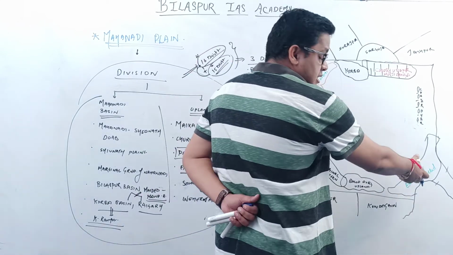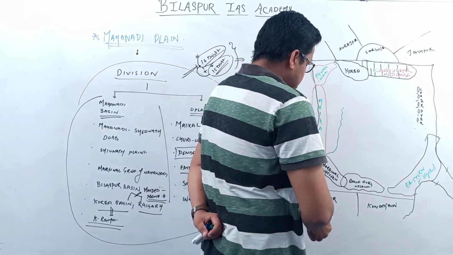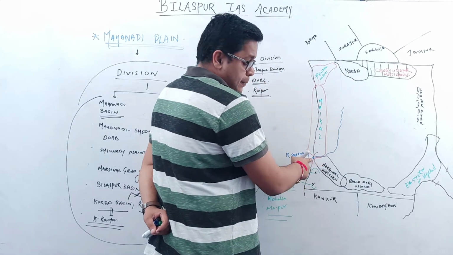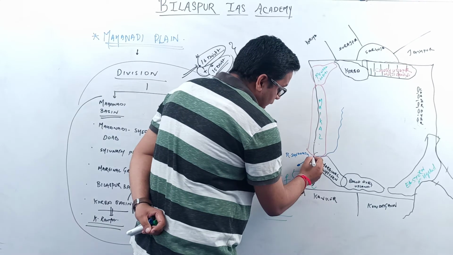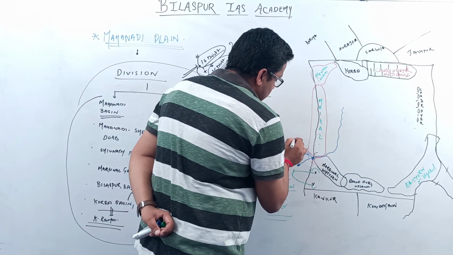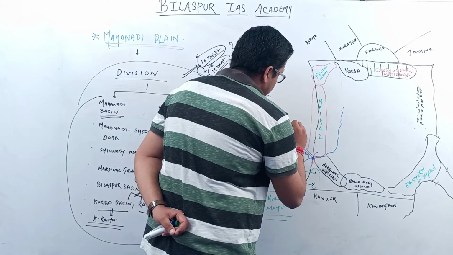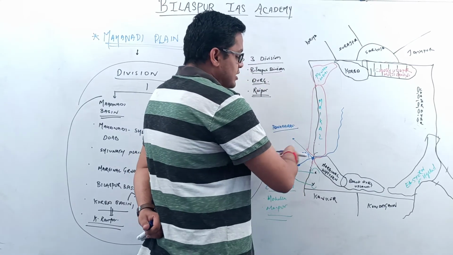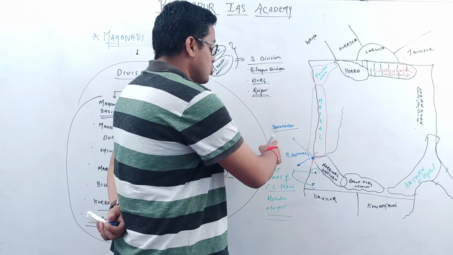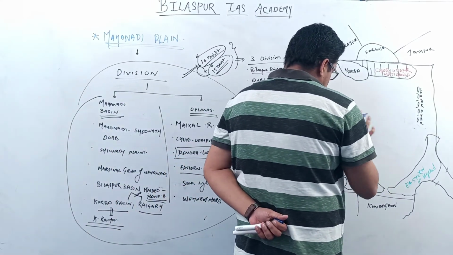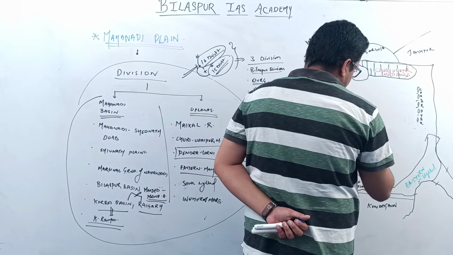And if you talk about the eastern marginal highland, see these are the Maikal, और Maikal का point नहीं, यहाँ पर point है, these are not the point of Maikal. This particular highland, यहाँ पर जो mountain है, it is called your Panabaras mountain. Okay, Panabaras mountain, and from this particular region, river Shivnath enters Chhattisgarh. So this is the Panabaras mountain, and from Panabaras this particular river Shivnath enters Chhattisgarh and flows like this.